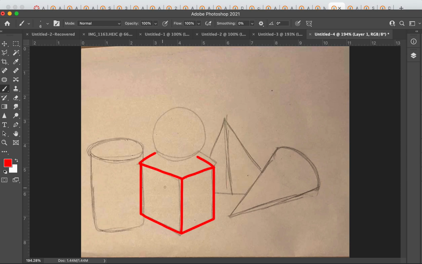And if it's behind, it needs to show up in a different space or behind it, if that makes sense.